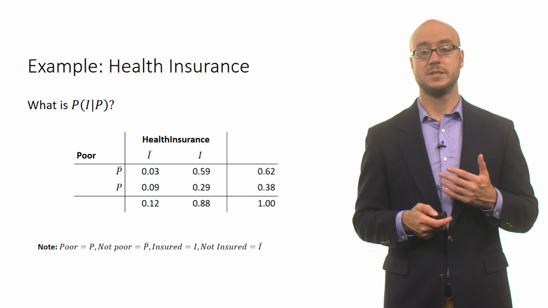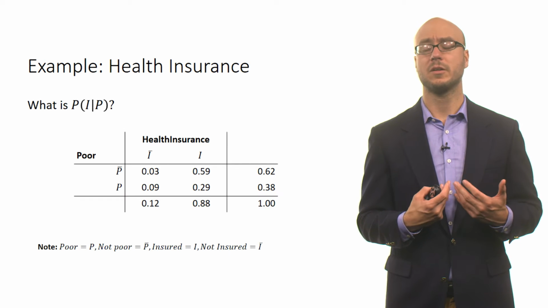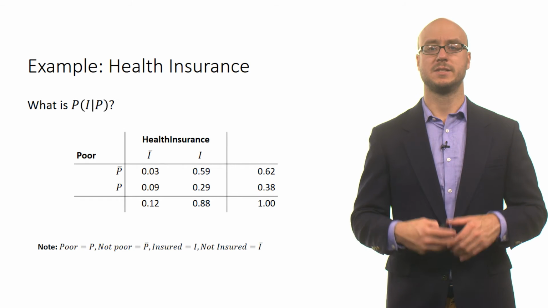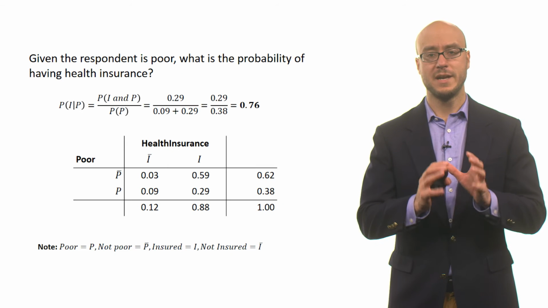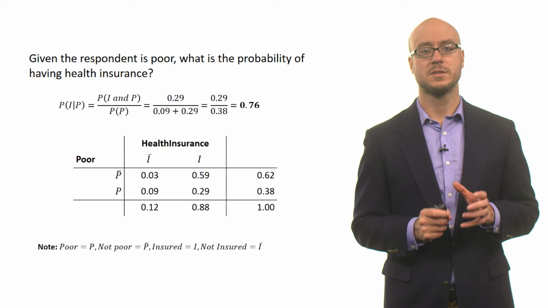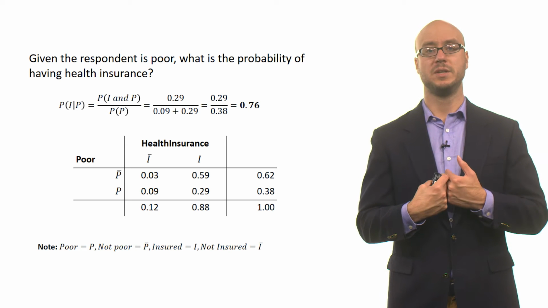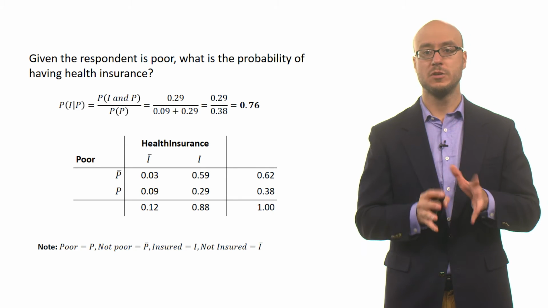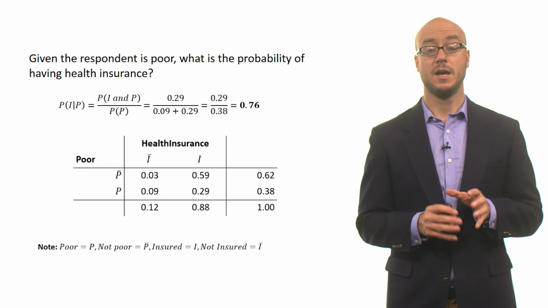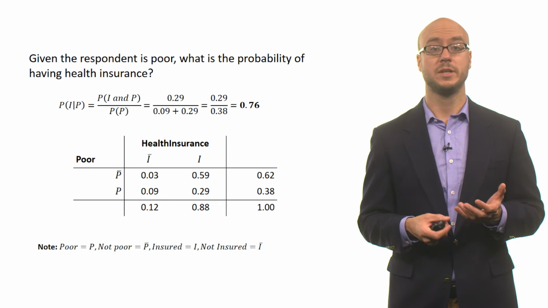And we can label these in our probability table that we calculated earlier, which is based on a real data set and is really just a table of unconditional proportions. So we might ask, given a respondent is poor, so given P, what is the probability of having health insurance? What's the probability of I given P? Well, we can use the multiplication rule in combination with our probability table.